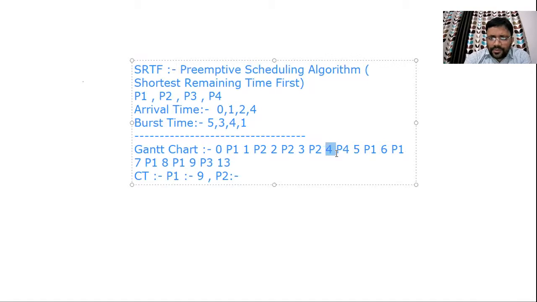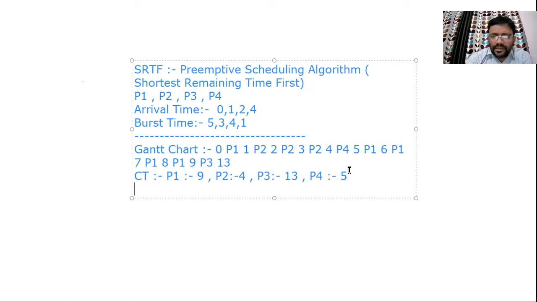In that case, P2 has completion time 4. Then P3 has 13, and P4 has 5, because here it runs for this time duration.